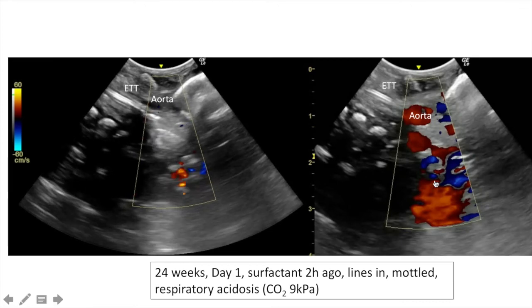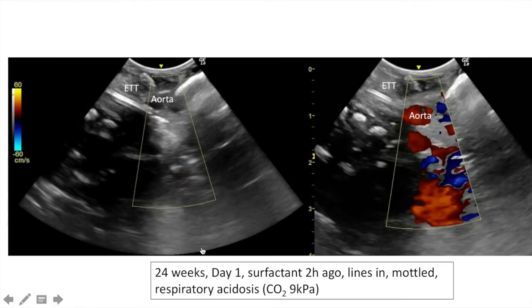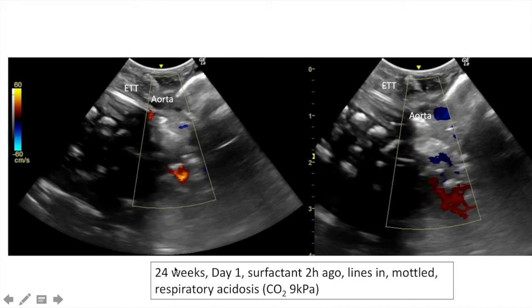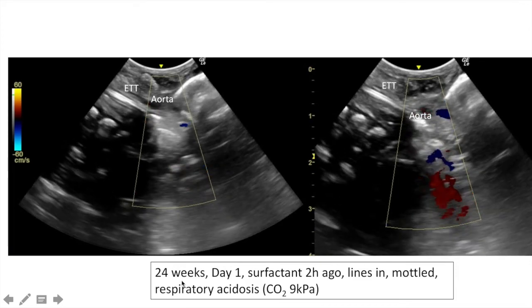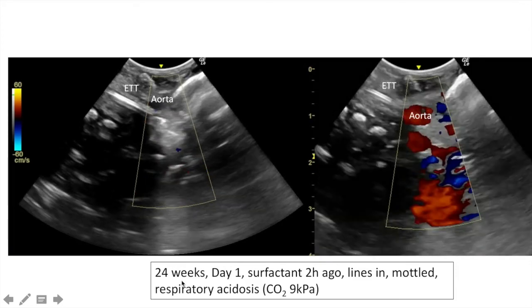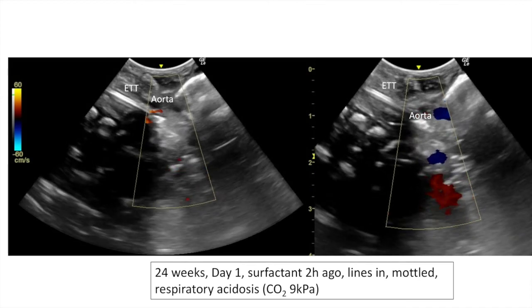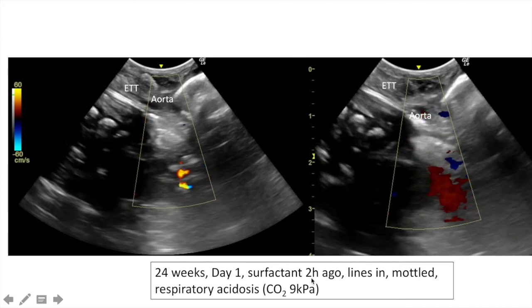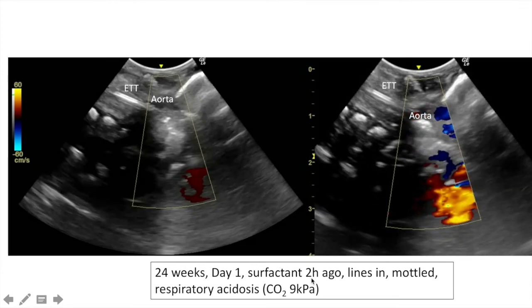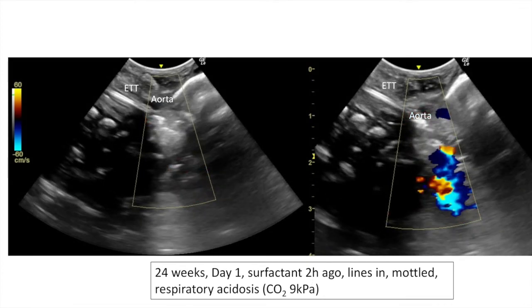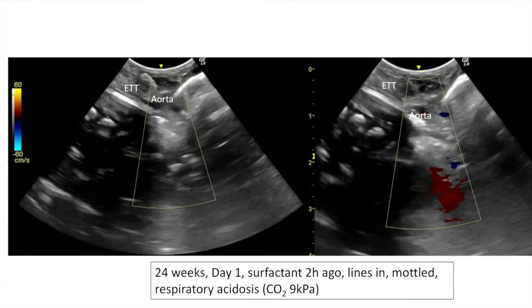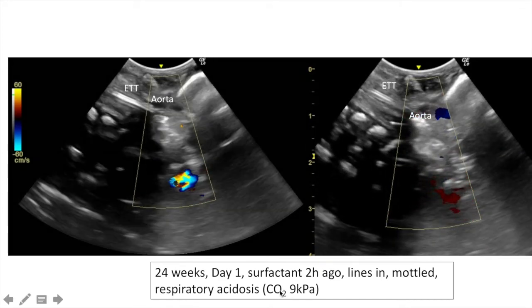This is an example of a case we had in the unit, a baby born at 24 weeks, and you know that very small movement of the ET tube can be very badly tolerated. This baby on day 1 had surfactant 2 hours ago, and lines were in, and after the lines were inserted, baby became mottled with a respiratory acidosis.